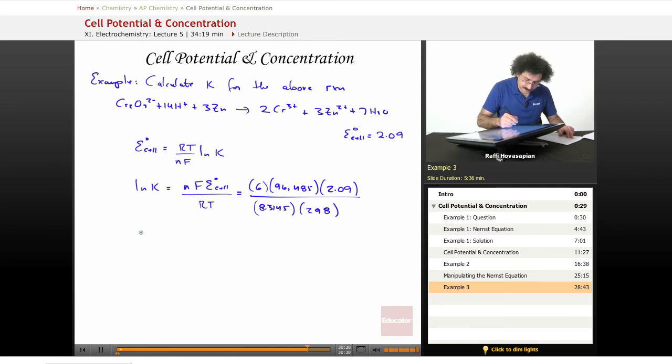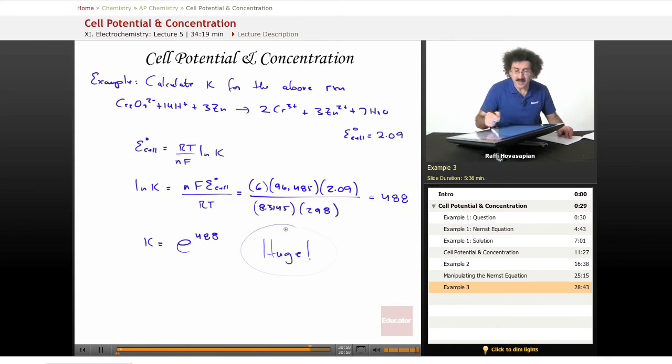We get K is equal to e raised to the power of this thing, which is equal to 488. 488. I'm not even going to write this number down. I'm just going to leave it as e to the 488.